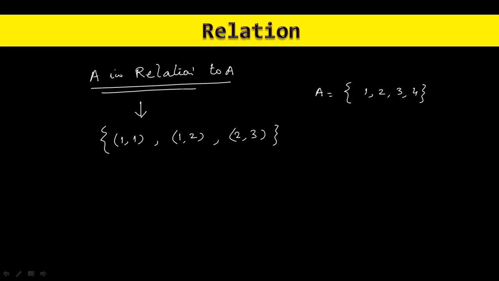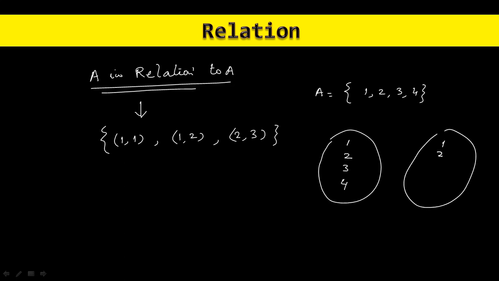Now, why are the elements like this? 1, 2, 3, 4, and what about this one? 1, 2, 3 and 4. 1 in relation with 1, then 1 in relation with 2, then 2 in relation with 3, like this. You can generate the elements like this.